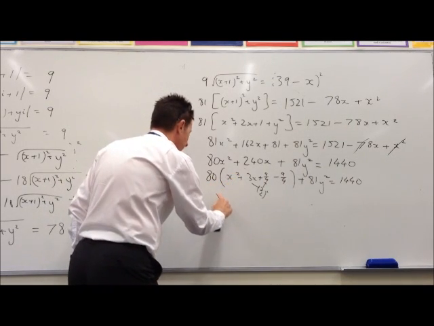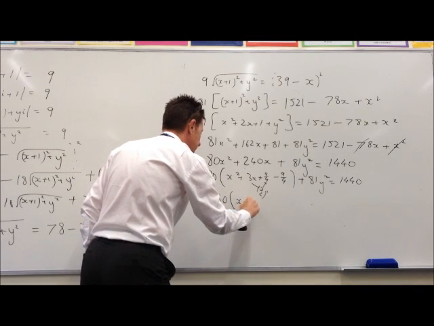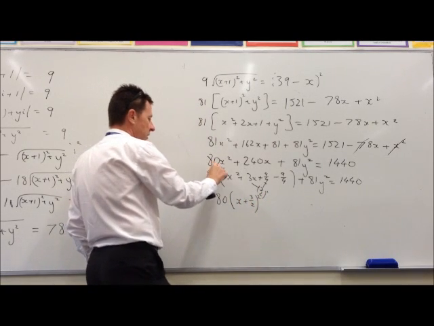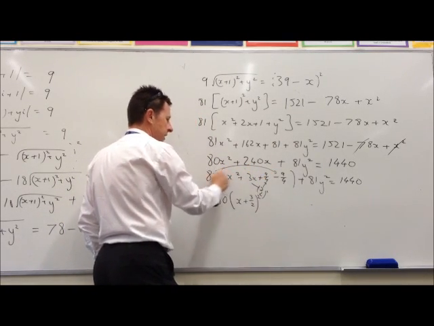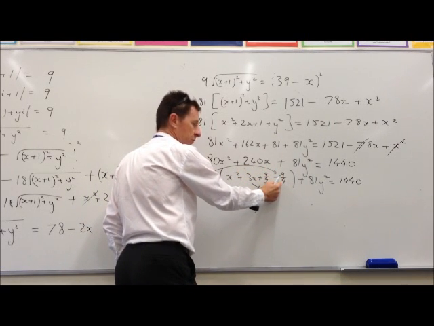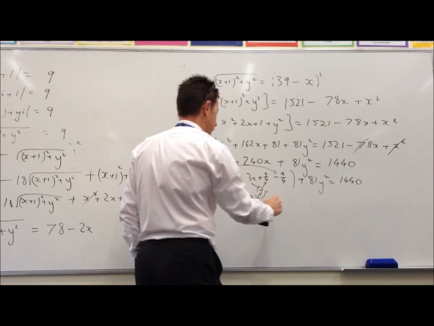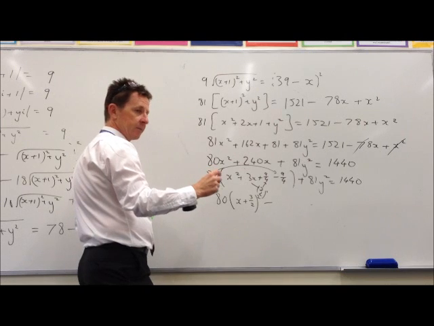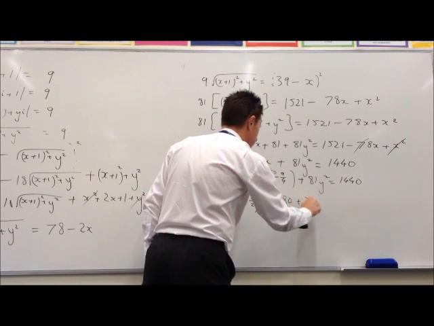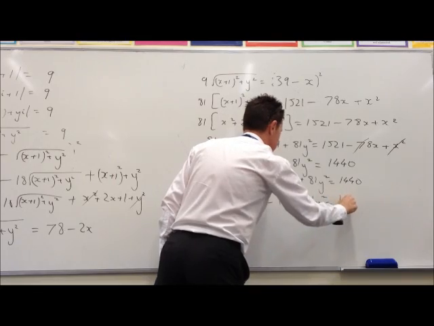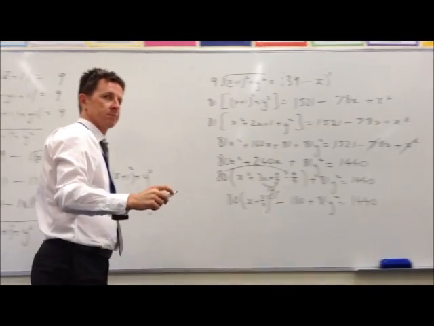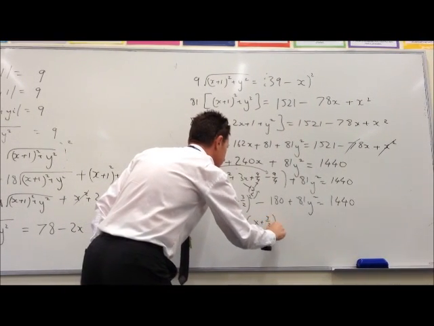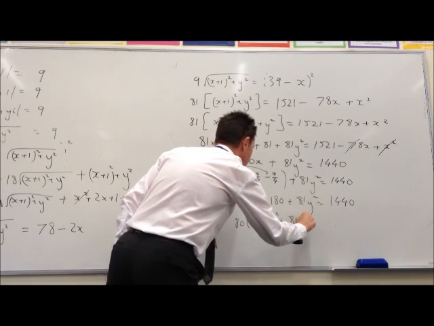Good? 80 bracket x plus 3 on 2 squared. Now, watch. I'm going to multiply these two together. So it's 80 times negative 9 over 4, which is minus 180. X plus 3 on 2 squared plus 81y squared.